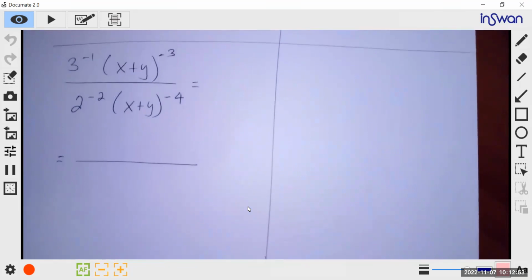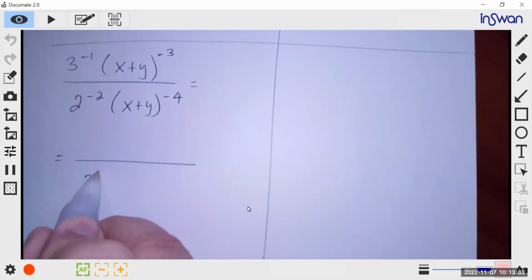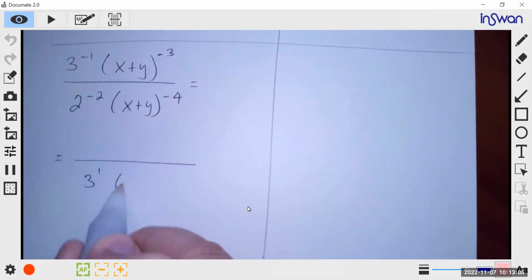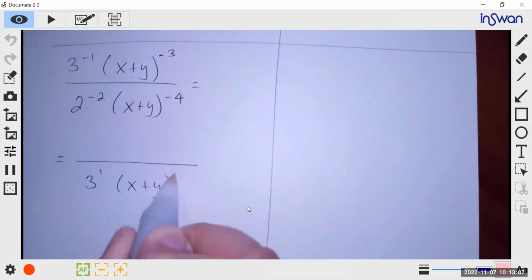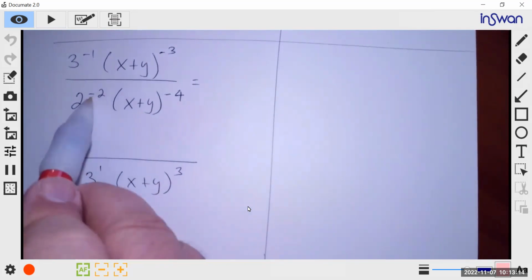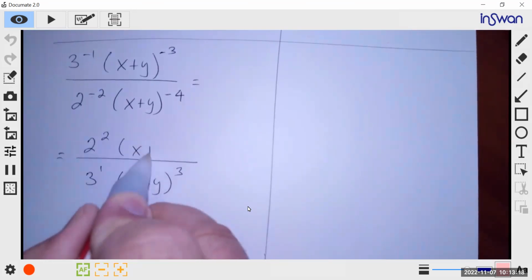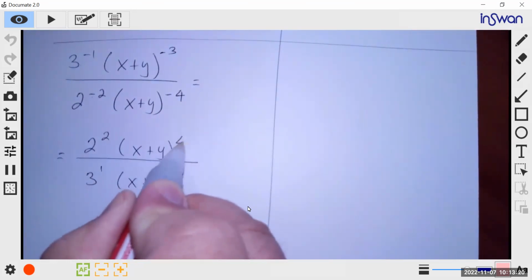Okay, so what moves? Pretty much. Yeah, so these both have negative exponents, so they go to the bottom. These two go to the bottom and change exponents to positive. These go up on top. Drop the negative.